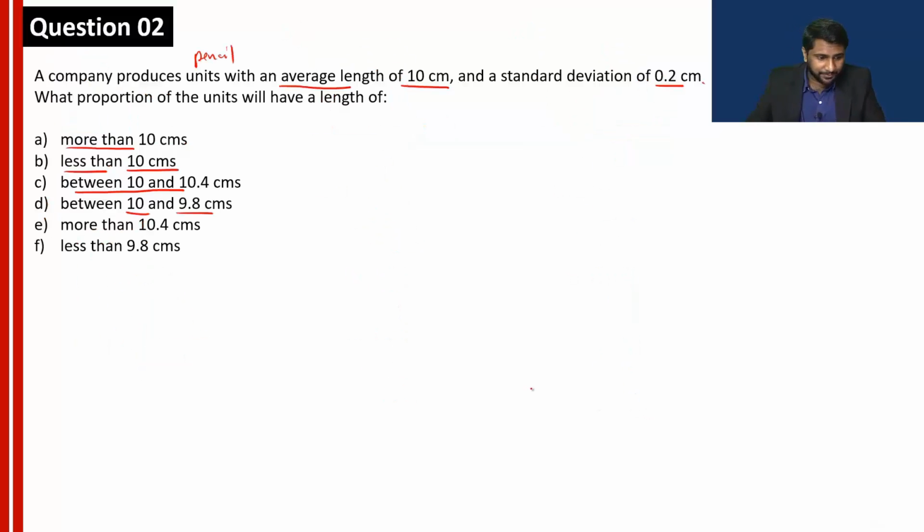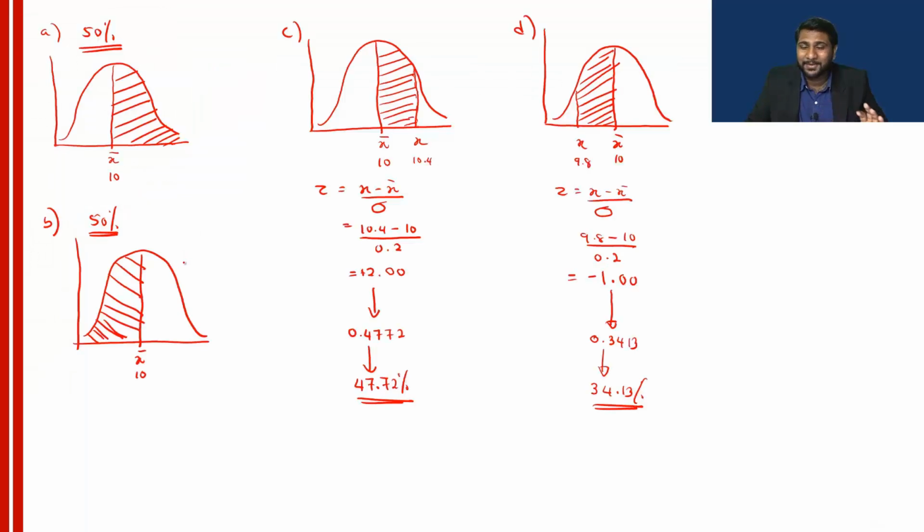And next, what do they ask? Next they are asking, if you pick a pencil randomly, what's the chance of that particular pencil's length being more than 10.4 centimeters? Now understand which part they are asking. So let me draw the bell curve.